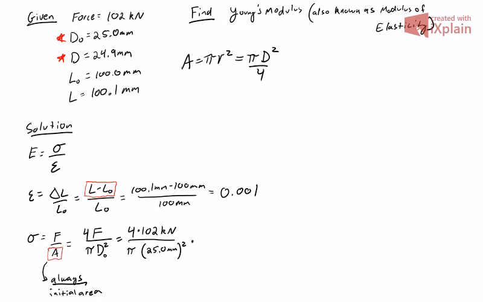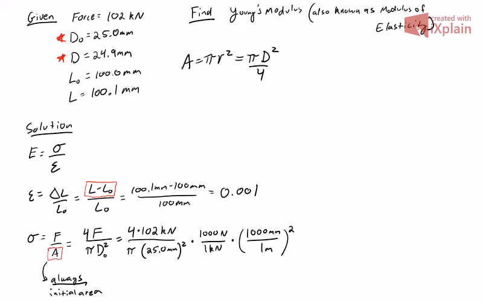Now we've got a couple different unit conversions that we need to take care of here. So first of all, kilonewtons, we want to go back to the base unit of just newtons. So 1 kilonewton is 1,000 newtons. And then we also want to go from millimeters to meters, where 1,000 millimeters is 1 meter, and it's millimeters squared on the bottom, so this term will have to be squared as well.